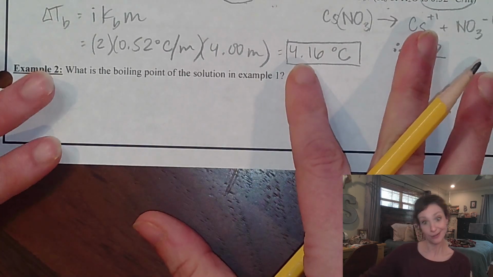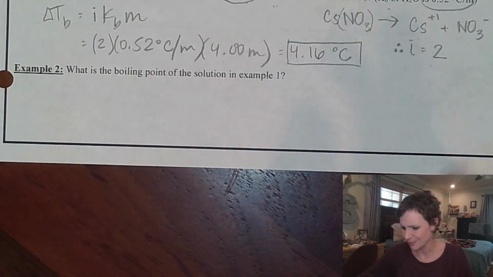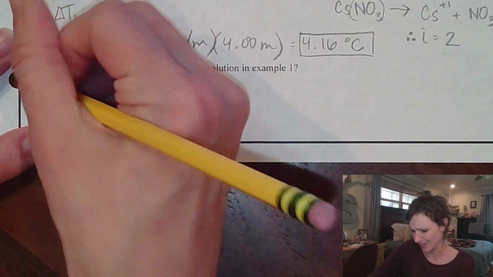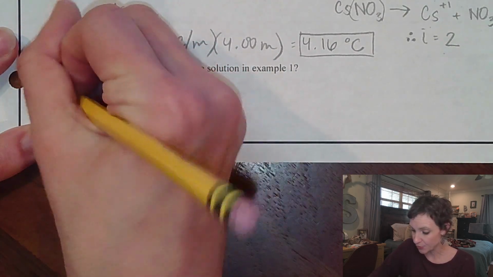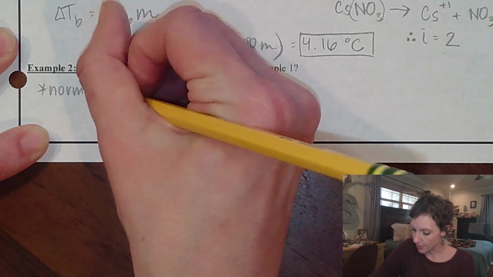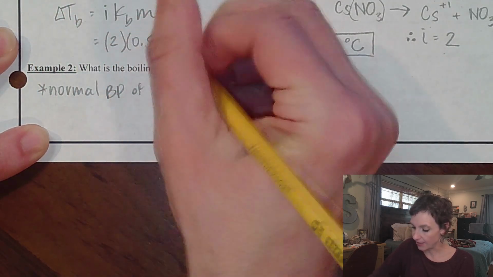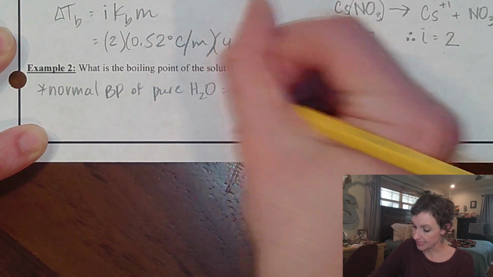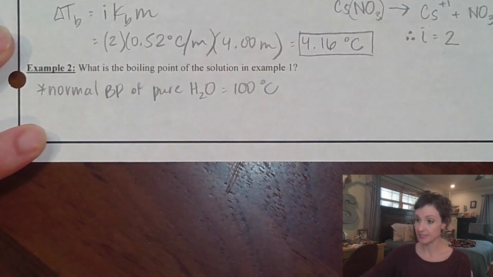Well, that's what brings me down to example number 2. It says, what is the boiling point of the solution in example number 1? Oh, well, it's water. We know water's original boiling point is 100 degrees Celsius. So that may be something of interest for us to write. So we could say normal BP of pure H2O is equal to 100 degrees Celsius.